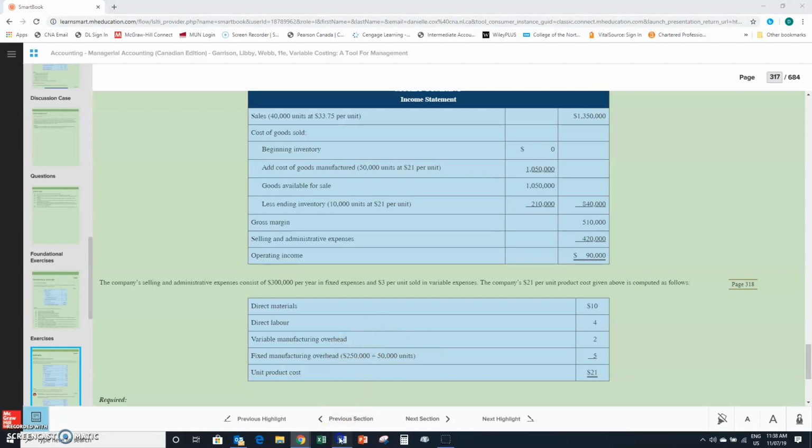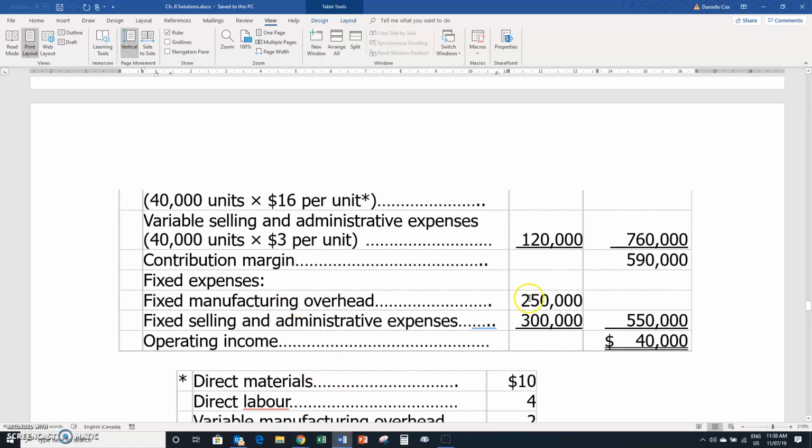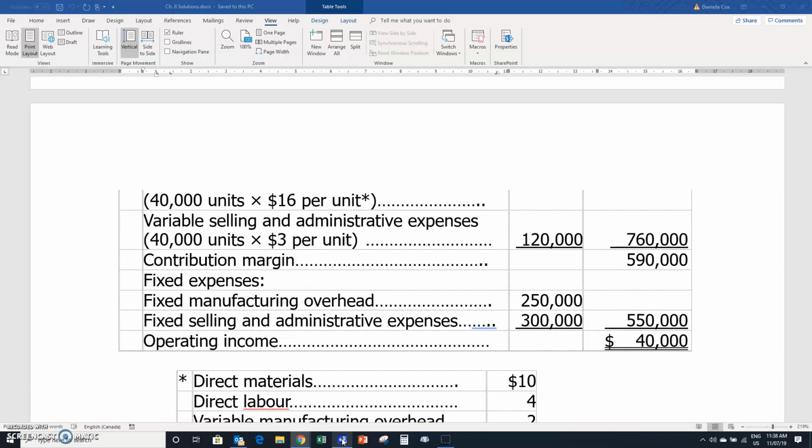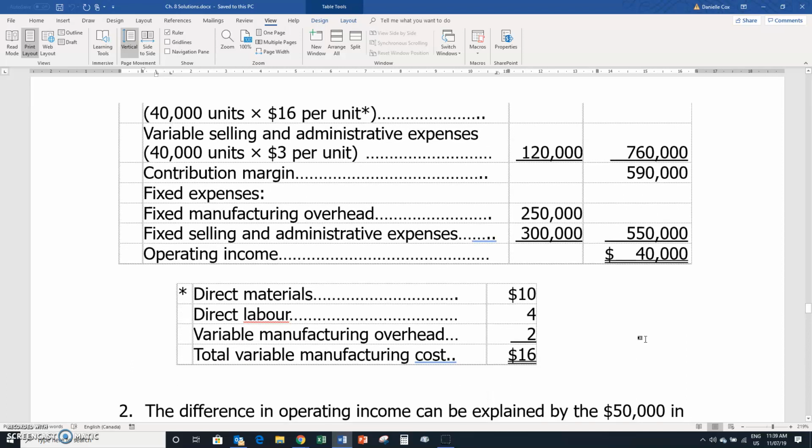So the full 250 comes off here. And fixed selling and admin expenses. Well, told us in the question here, selling and admin consisted of $300,000 in fixed expenses. That's where we get that number. So our total fixed expenses are $550,000, which gives us an operating income of $40,000.